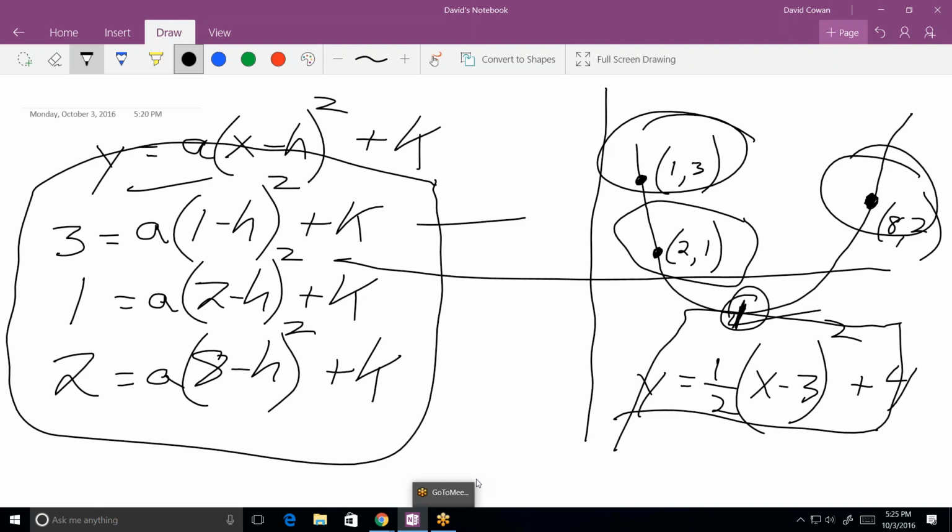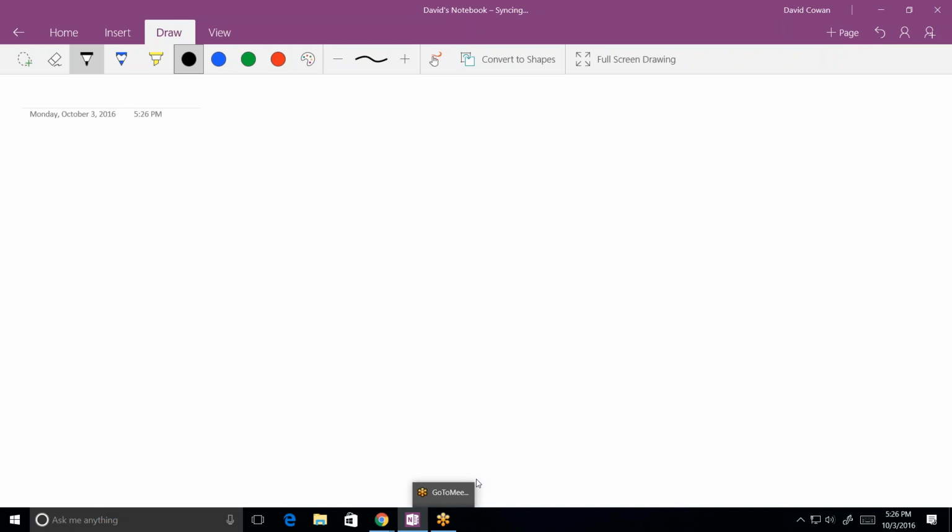The only way I'm going to be able to do it is by plugging in my 3 points, creating 3 equations, and solving for a, h, and k. That makes sense. And that's about as hard as they're ever going to get. They usually give you the vertex as one of the points, but they have to give you 3 points if they don't give you the vertex as one of the points.